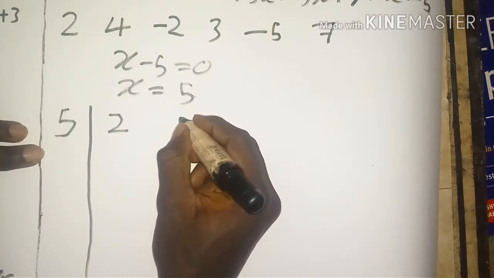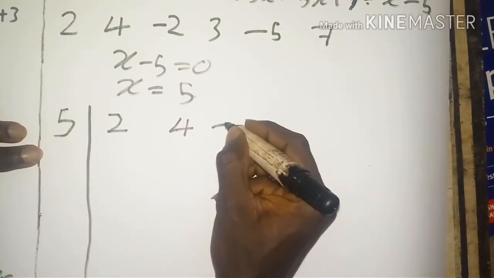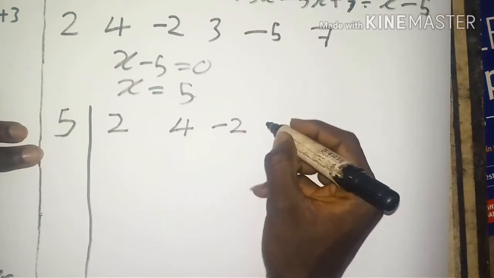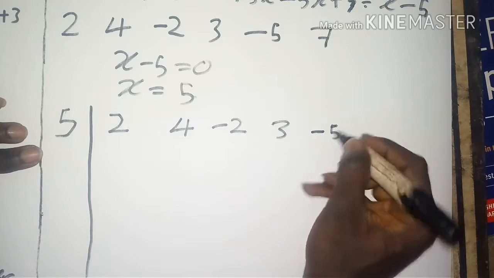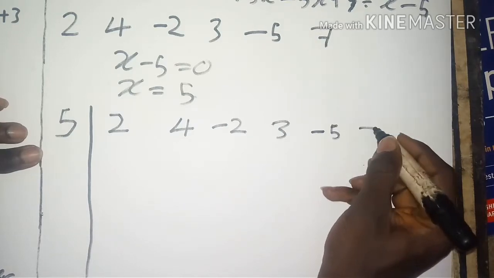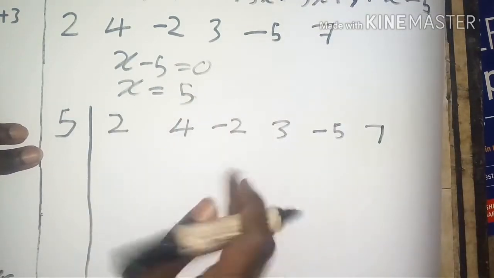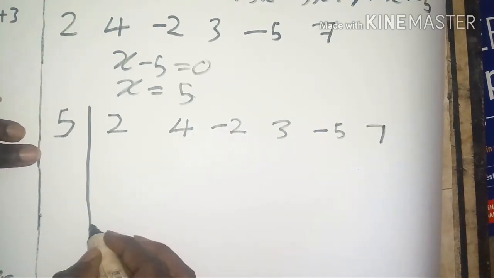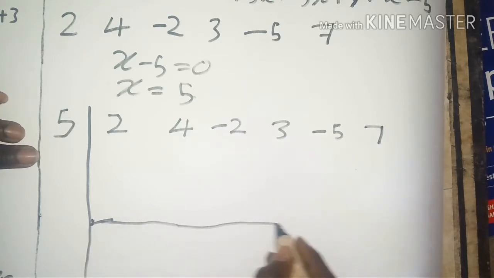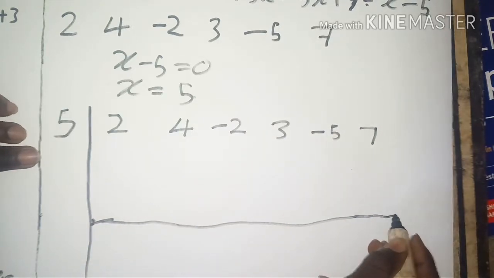So 2, 4, negative 2, 3, negative 5, and 7. That is it. Then I'm just going to draw the line for the solution, which is this one.